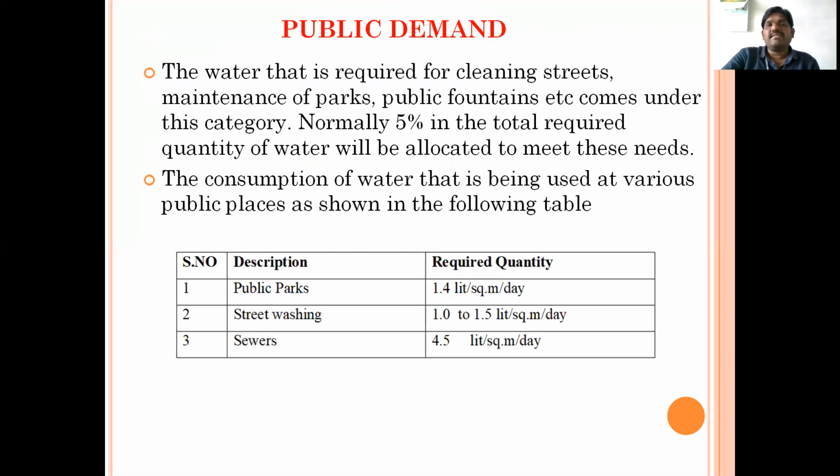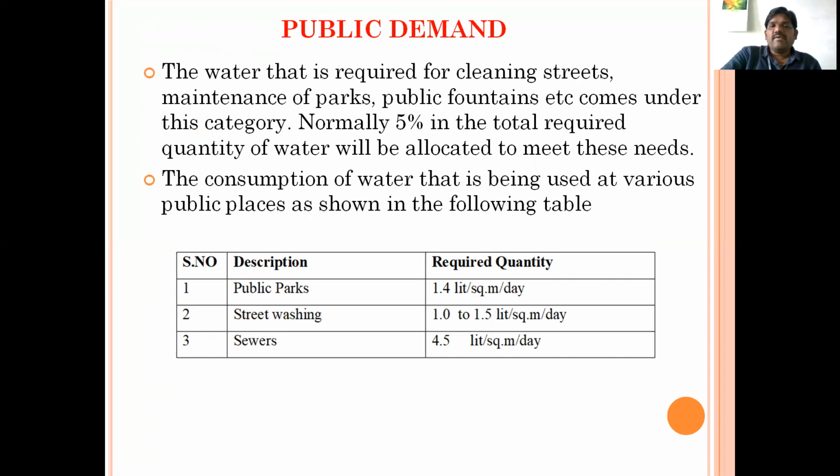Next one is public demand. Public demand means the water required for the maintenance of parks and public fountains comes under this category. Here also, 5% of the total required quantity of water has to be allocated for public demand.